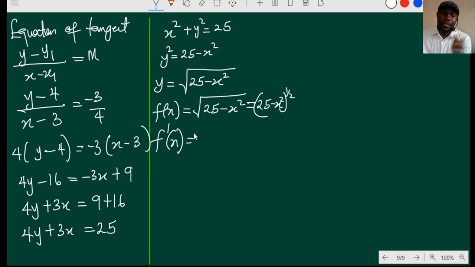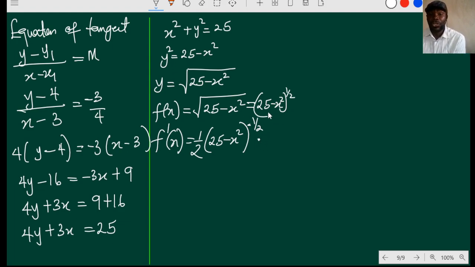So in finding this with the chain rule, we have half times 25 minus x squared. You subtract 1 from this power. So by the time you differentiate the inner one, that is the logic for the chain rule, we have minus 2x. So therefore, the function f prime of x will now give us, this will cancel this.